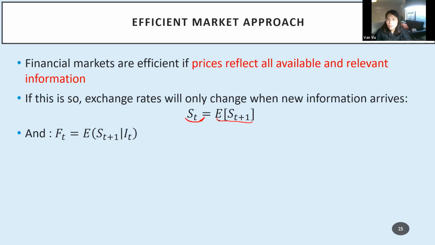Also, if the exchange rate market is very efficient, then the forward rate reflects the conditional expectation for the future, given the information set that we have today. If this is the case, then your best predictor for the future is your forward exchange rate.